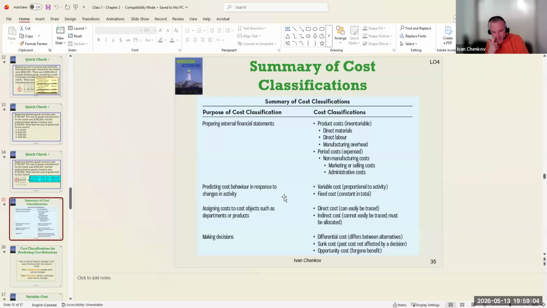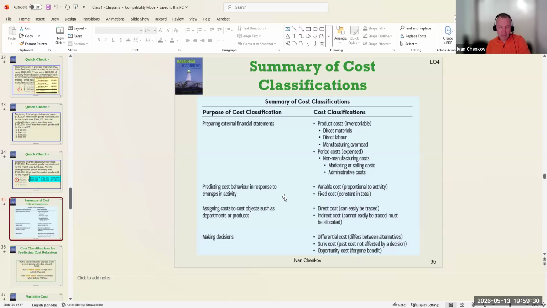And the last one is for making decisions. Eventually, we have to start making decisions once we understand how the costs behave, and once we start predicting the future. For decisions, we're going to find differential cost, which is the difference between the alternatives, sunk cost, which we'll see a little later, and opportunity cost.